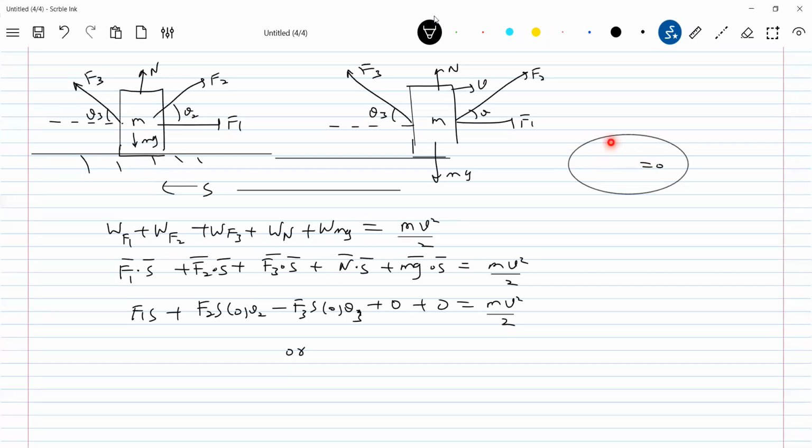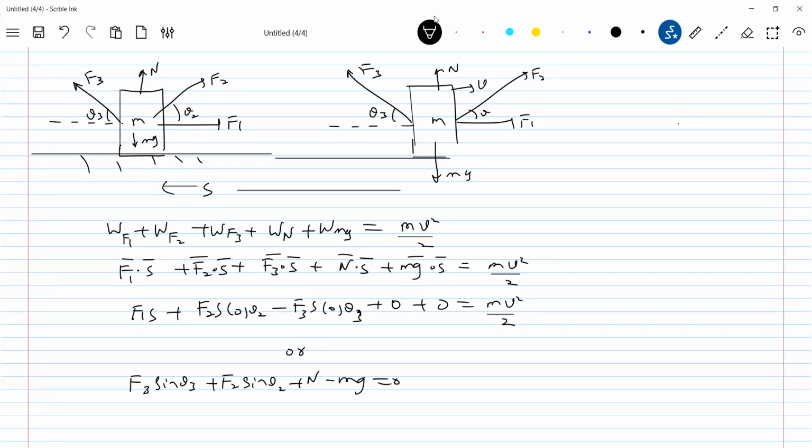So sorry, that one. The net force, it will be along the y-axis. You see, the block will not move vertically up, no? We know. Therefore, F3 sine theta plus N plus F2 sine theta minus mg equals 0. So there's one vector form, F3 sine theta 3, F2 sine theta 2 plus N minus mg equals 0.